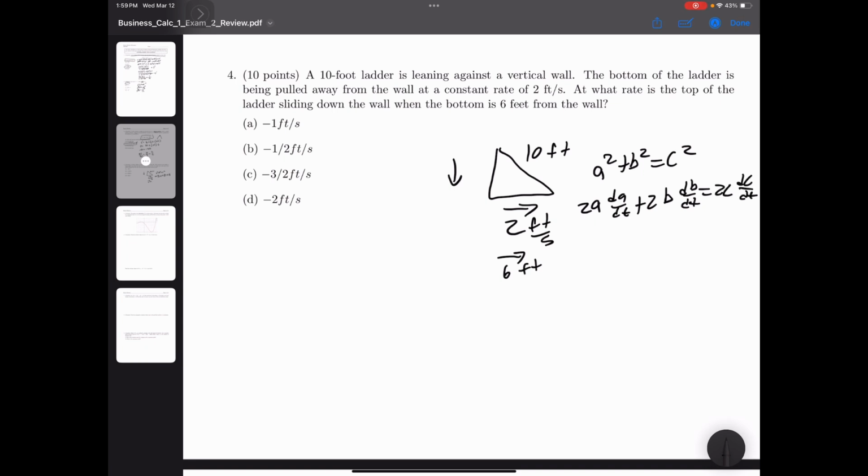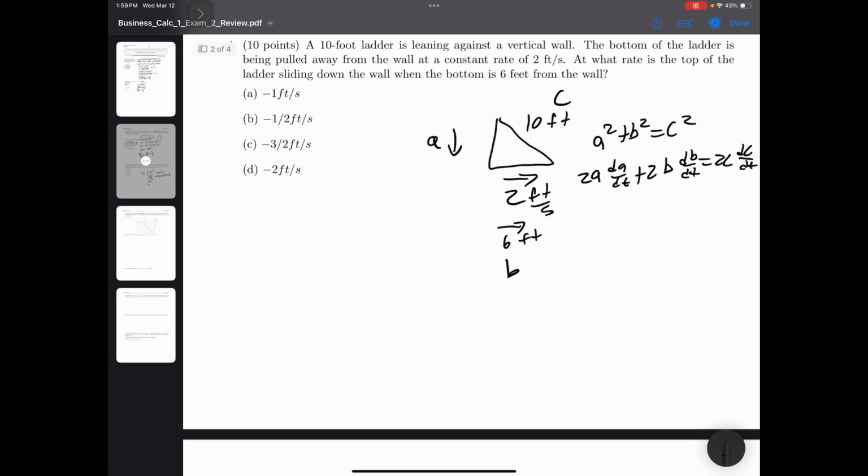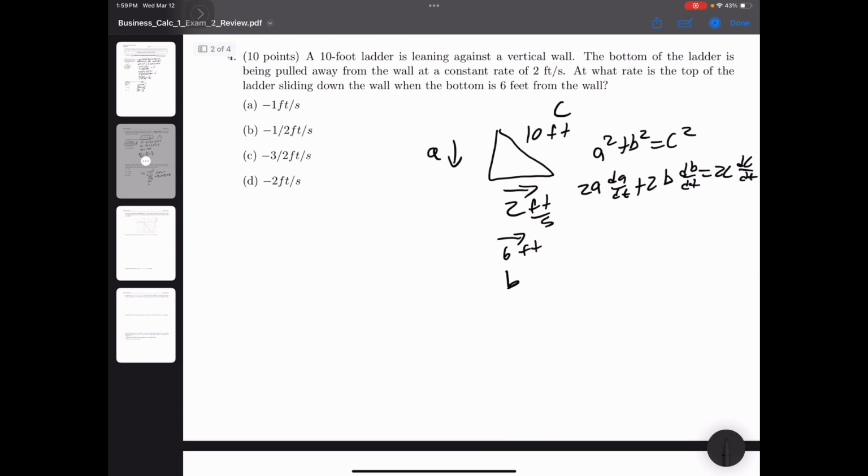And now let's understand what we have here. Let's call this A, B, and C. Usually we call the hypotenuse C. And let's see what values we have. Well, we're looking for the rate at which the ladder is sliding down, so we're looking for this dA/dt. We don't have A yet.